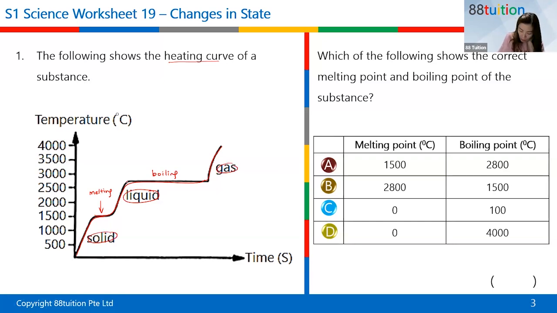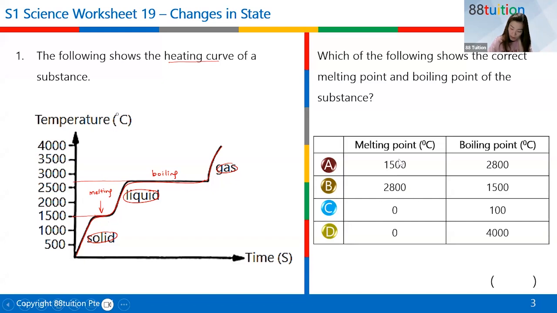This is where it is not so accurate, so you need to try to draw a line where you can read off the temperature easily. The melting point, because of the horizontal line here, stays the same for some time.